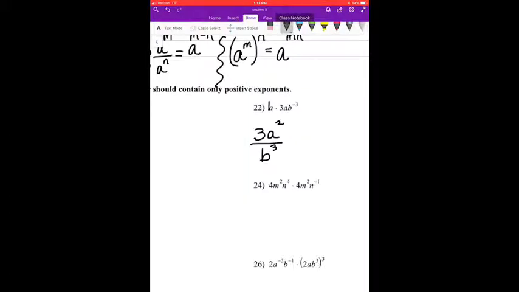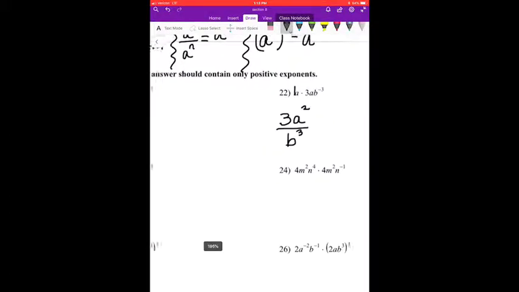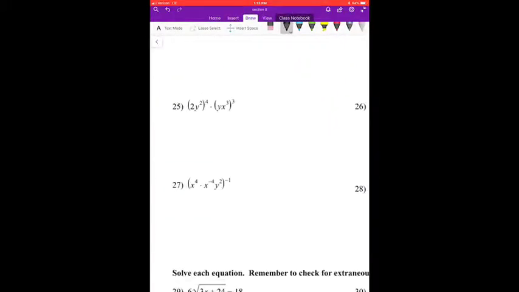Coolio. Let's look at 25. All right, you need to take care of the power to a power first. Simplify inside the parentheses before you try to multiply them together. So in the first term, we know that's 2 raised to the 4th power times y raised to the what? 8.